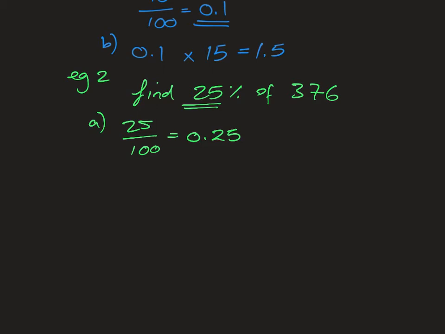And then we have to multiply, in step B, 0.25 multiplied by 376. And if you use your quick fire brains, you'll know that that's 94. So 25% of 376 is 94.